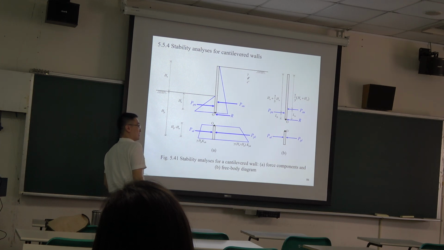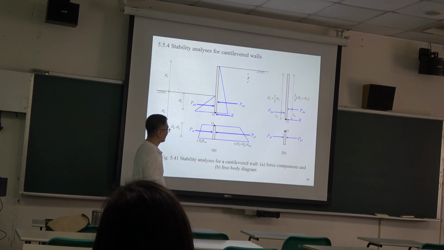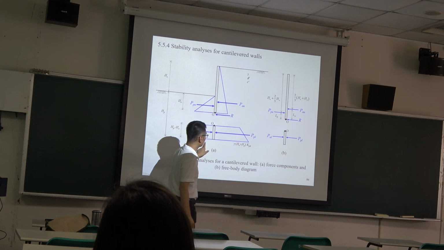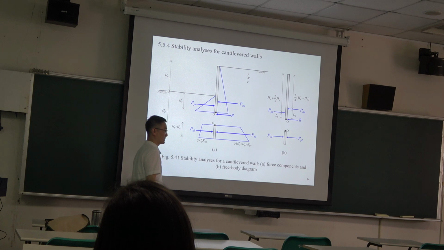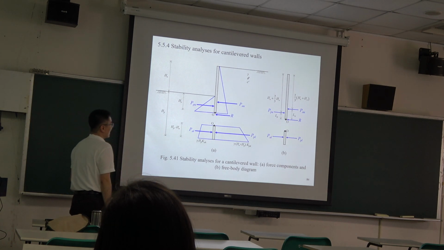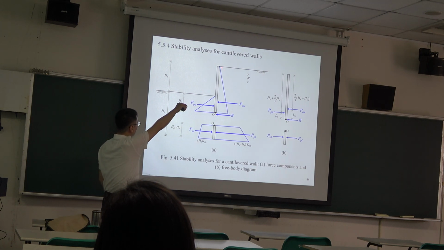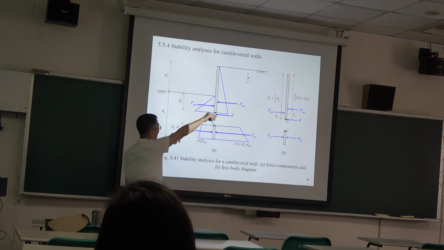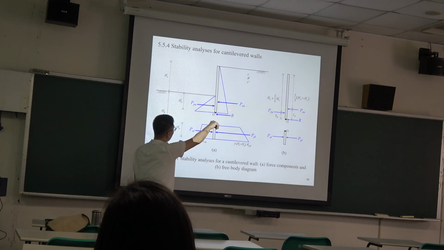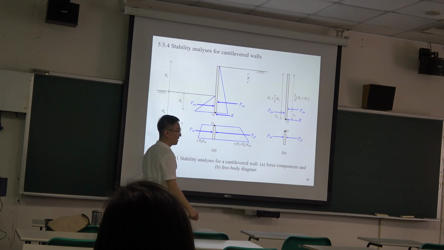So we can work out the lateral earth pressure coefficients, KAH and KPH, from the previous concept. Then we know here is the active distribution, so we can work out its resultant because it is a triangle.